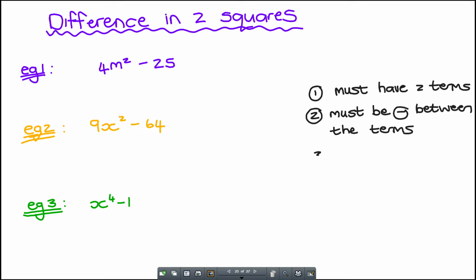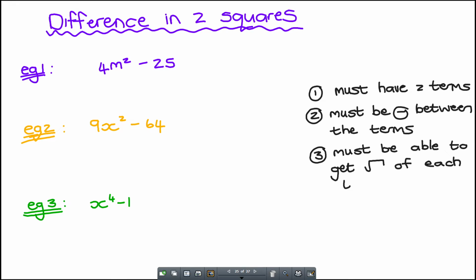And then third, we said we must be able to get the square root of each term. Right. That we said yesterday, I'm just writing them down.